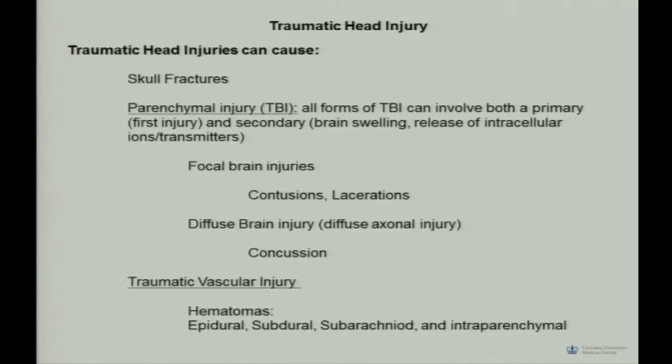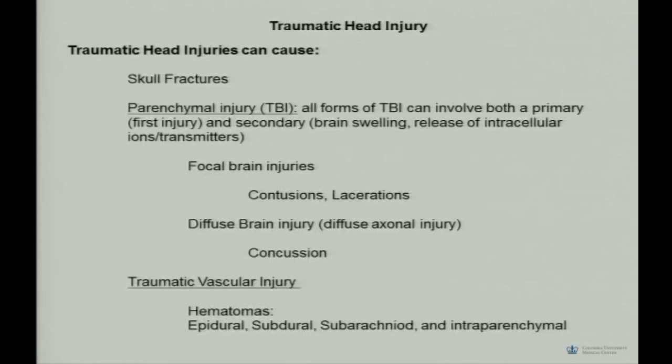Okay? So right side of motor cortex manifests on the left side. Okay? If it's an injury to a speech center, it's going to be loss of speech. Okay? So the manifestations are completely dependent on where the injury is. With diffuse brain injury, there isn't a particular part of the brain that's affected.